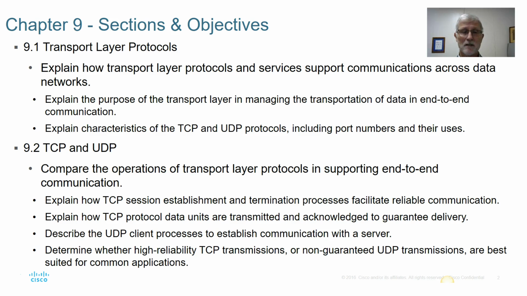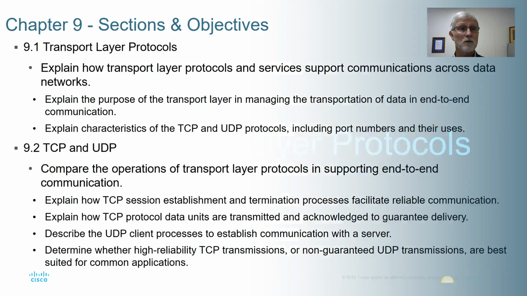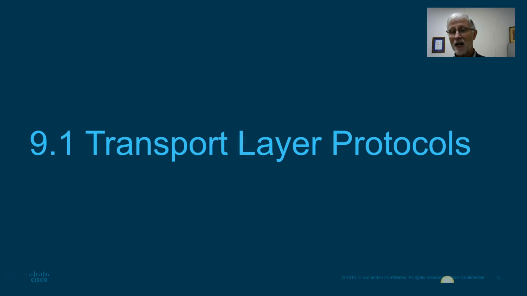We have a little section on TCP, a little bit on UDP, compare how they operate differently, explain how TCP establishes and terminates processes, its protocol data unit, how UDP establishes communication, and then determine how do I know if I want to use TCP or UDP, which ones are best suited for which application. So that's kind of what we're going to be doing.